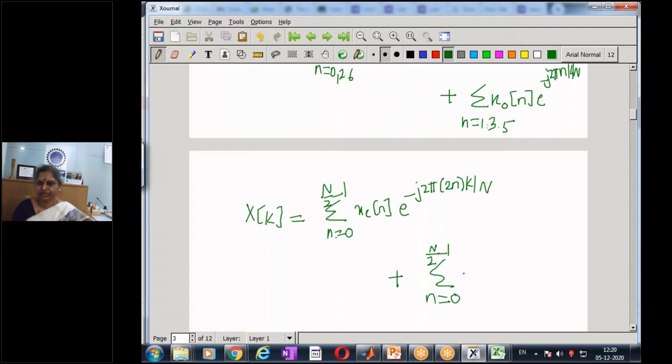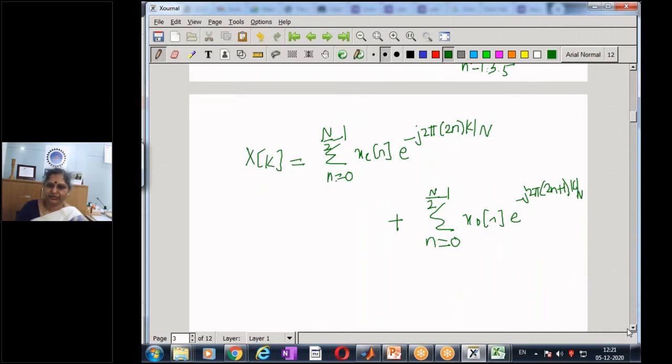This is my sequence x odd of n, wherein my n is all odd. And now here I have to replace my 2 pi n with 2n plus 1 because I'm taking odd terms, k by N.